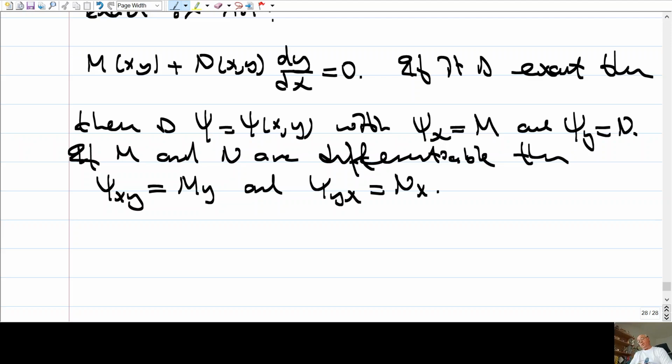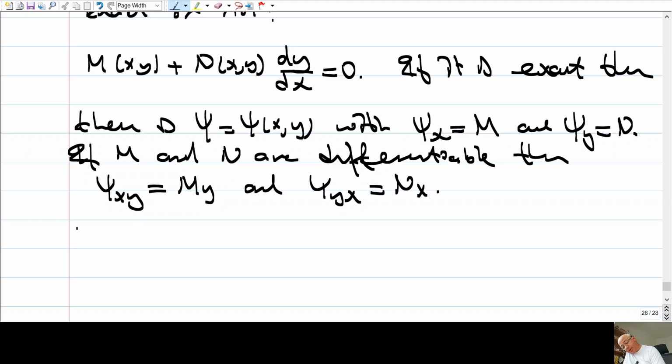And if, as I said, M and N are continuously differentiable, then this function and this function would be continuous. And in that case, we know that these two expressions are the same, right? You may change the order of differentiation, and taking the derivative with respect to x and then y is the same as taking the derivative with respect to y and then x.